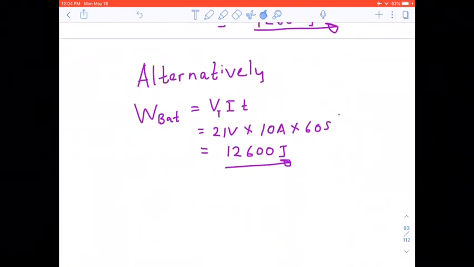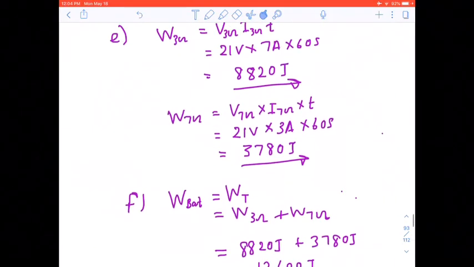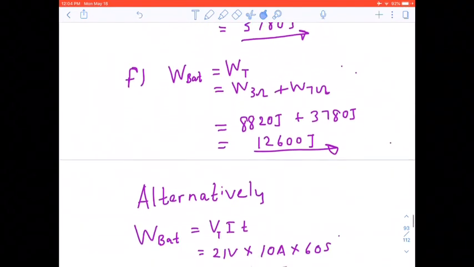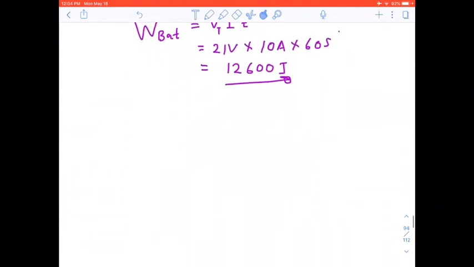That means roughly about 5 times more work is being done by this battery, which means essentially that the chemical reactions in the battery are happening at a faster rate, right? Because this is supplying 10 amps to the circuit, whereas the other one was supplying less amps to the circuit.